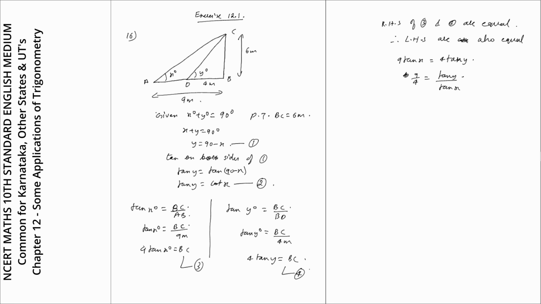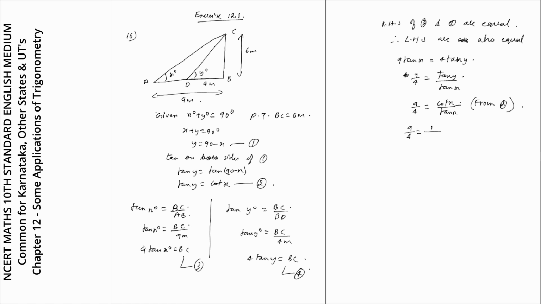Now 9 by 4 is equal to, tan of y is equal to cot of x, by tan of x. I got this from equation 2. In equation 2 we derived that tan of y is equal to cot of x. Therefore in the numerator, in place of tan y I will write cot of x. So 9 by 4 is equal to, now what is cot of x?